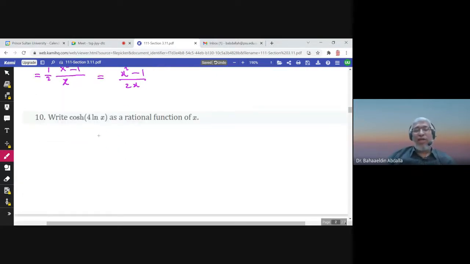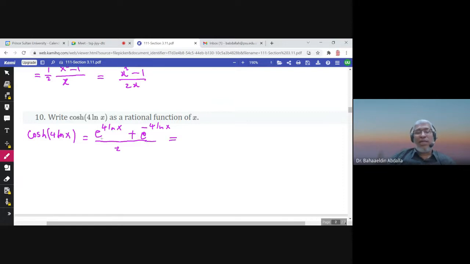Write cosh 4 ln x as a rational function. Similar to the previous question. The only difference is that here we have cosh, and instead of x now I will write 4 ln x, and I have here plus because cosh, and here I'll have negative 4 ln x over 2.